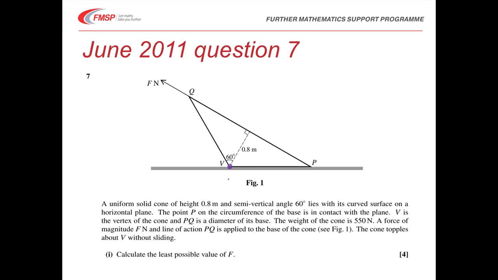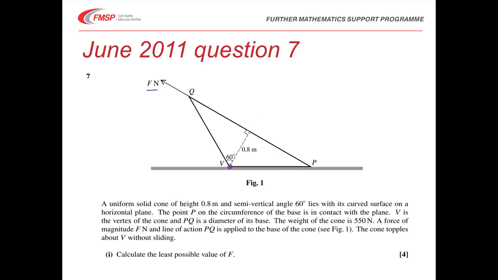and take your time to read the question, pause the recording if you wish to, but we're told that as this force acts, the cone is going to topple about the point V. So what else do we know about it? Well, it's got a weight of 550 newtons, and that must be acting through the centre of mass.